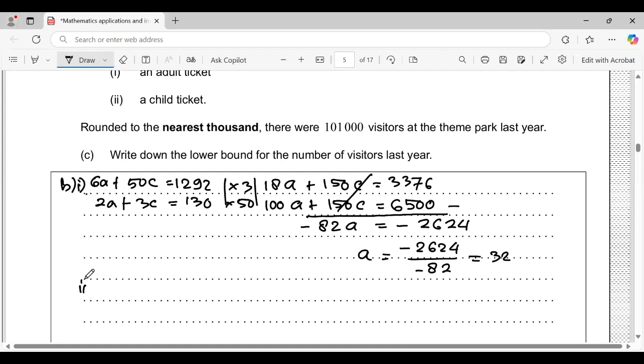Part 2, we're going to find C, so substitute A equals 32 into this equation. 2 times 32 plus 3C equals 130.